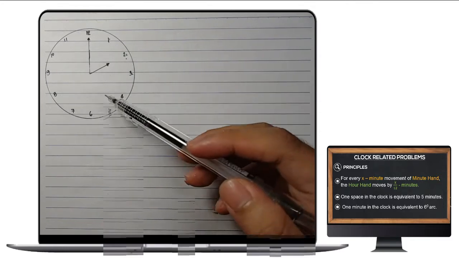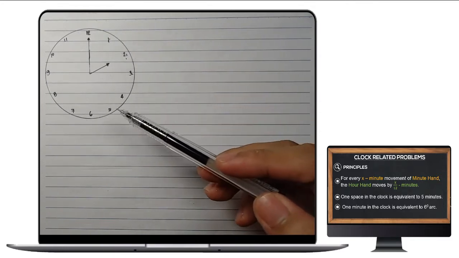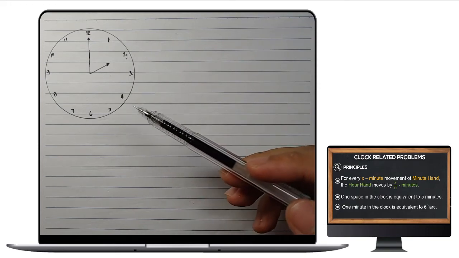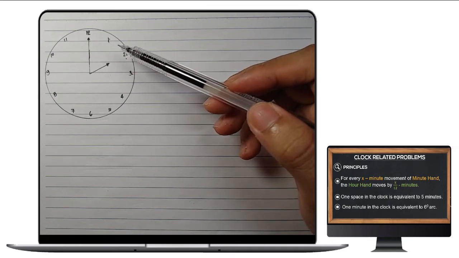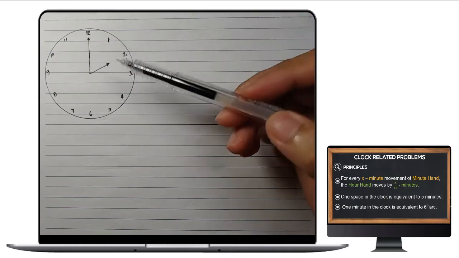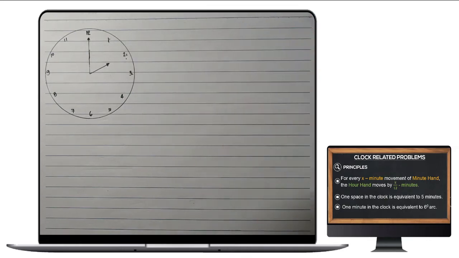And pagdating sa clock, since yung ating measurement is measured in minutes, so we discussed that that is complete 60 minutes. So 360 degrees is to 60 minutes. So that is simply 6 degrees per minute. So let's say you want to convert units from minutes papuntang degrees. So that is simply 6 degree per minute.